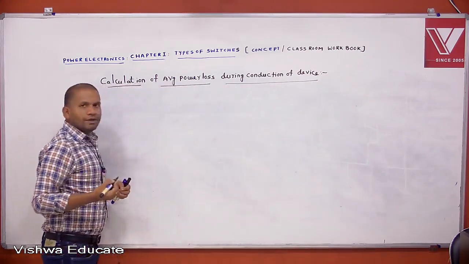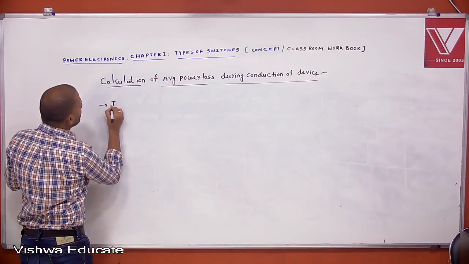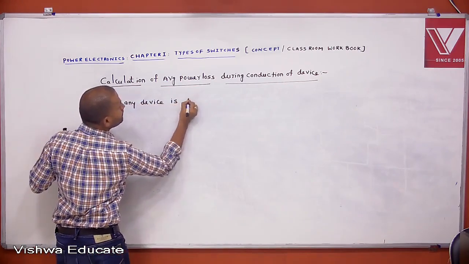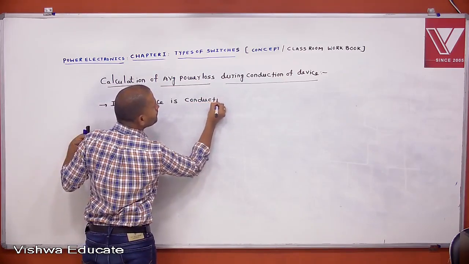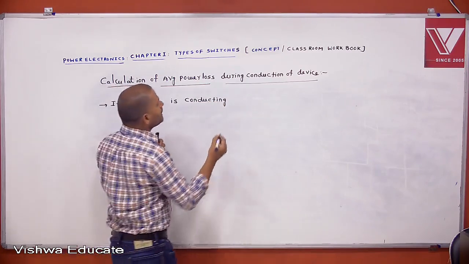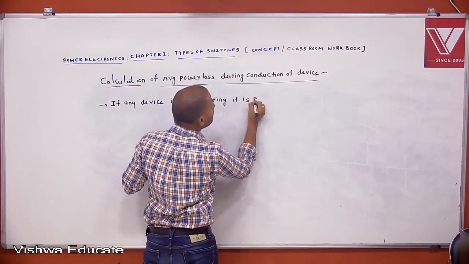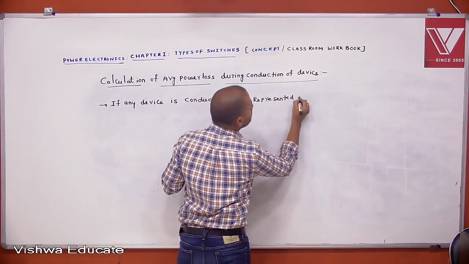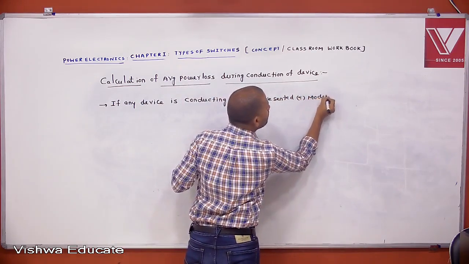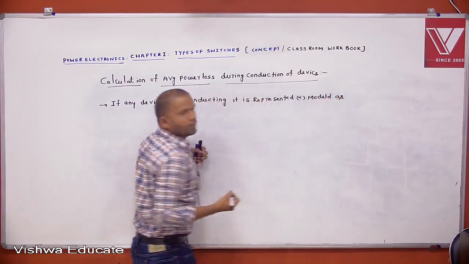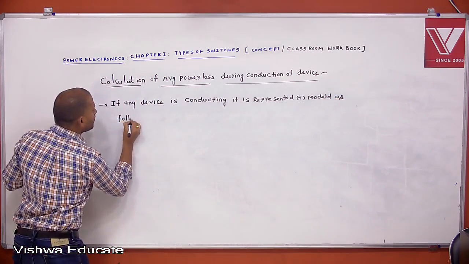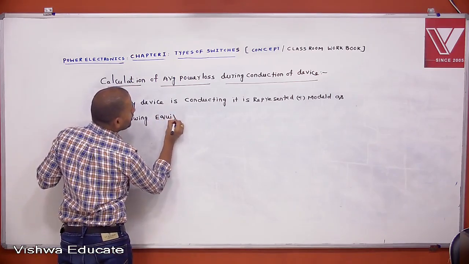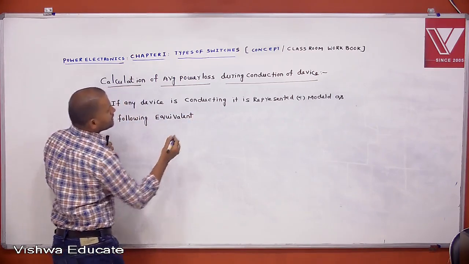Okay. We know that if any device is conducting, it is represented or modeled as the following equivalent circuits.